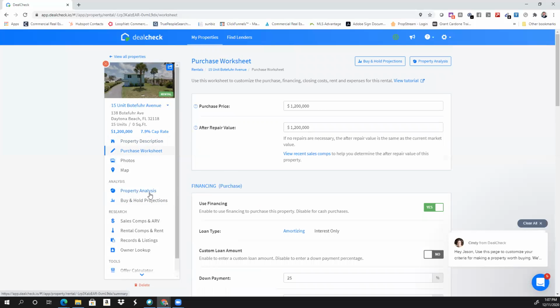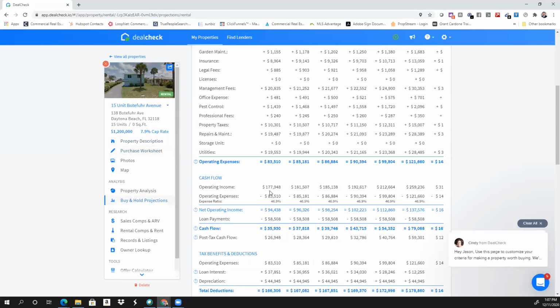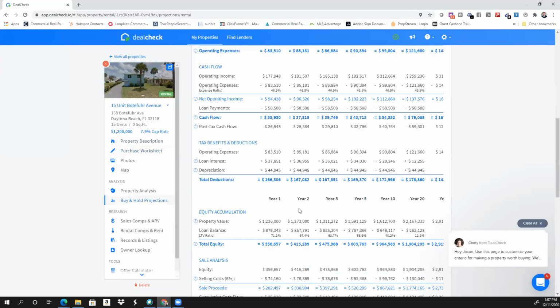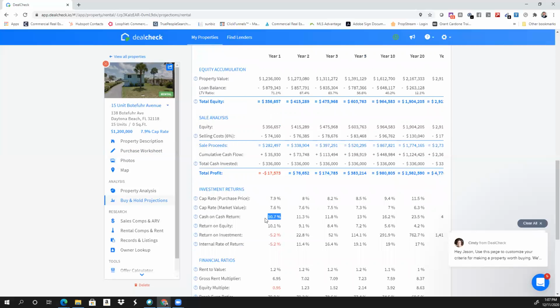You'll see now the net income goes up a little bit, and then you'll see the cash on cash metric. So right here, now it's a 10% cash on cash. You see your 7.9 cap rate.